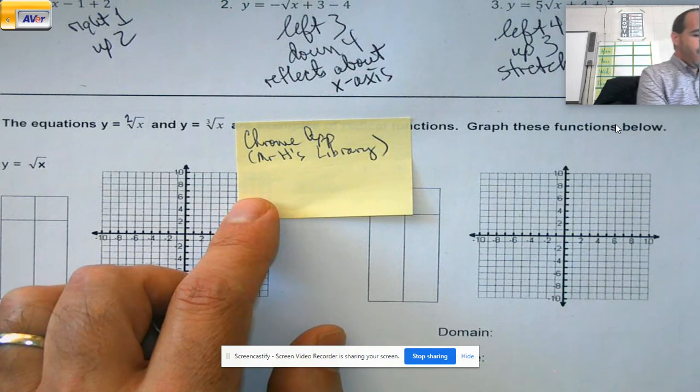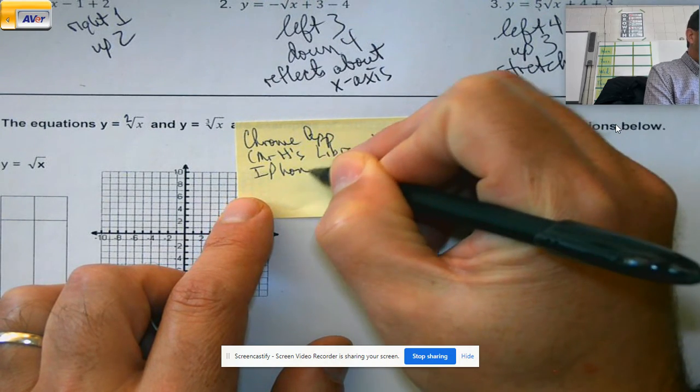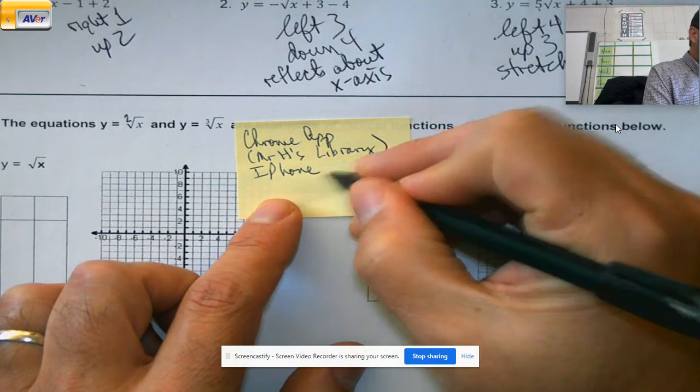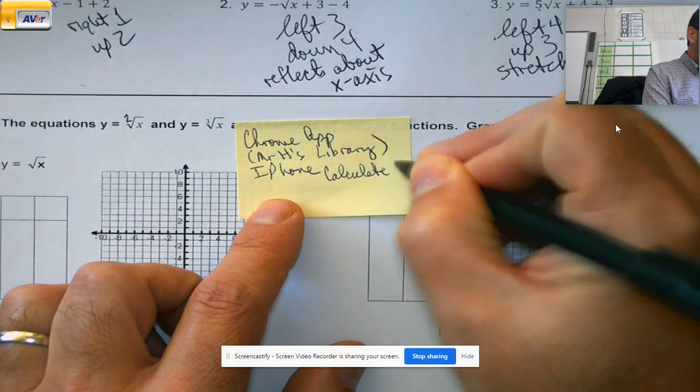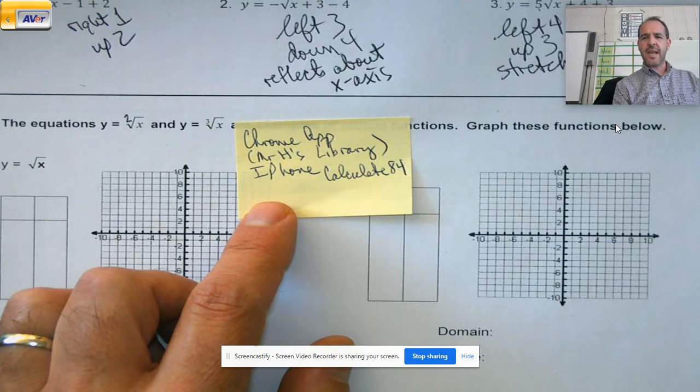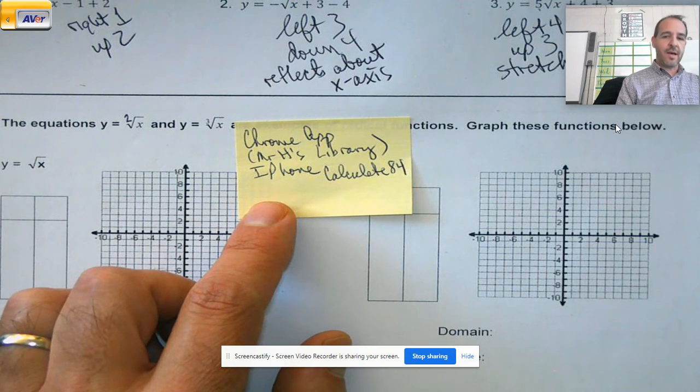We'll see. And then if you're on phones, if you're on iPhone or the iOS system or something like that, Mr. H likes Calculate 84. It basically is the exact same stuff as on here, same button presses and things like that to help you out.